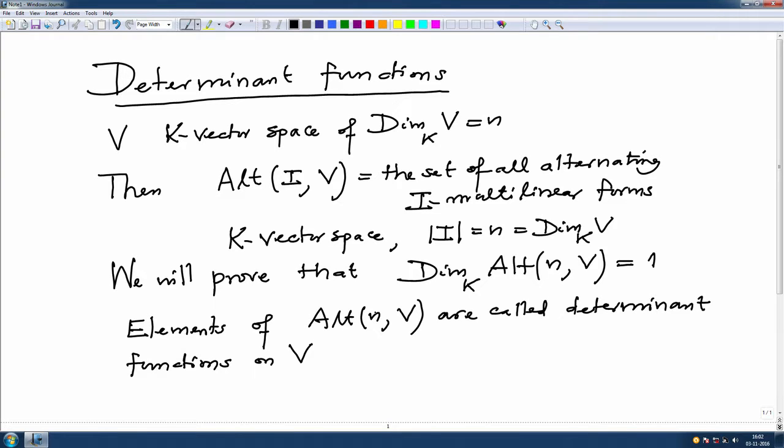I will now keep using n forms on V, and they have the properties of the determinants, as we will see.